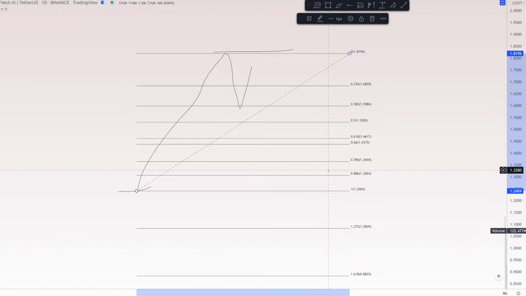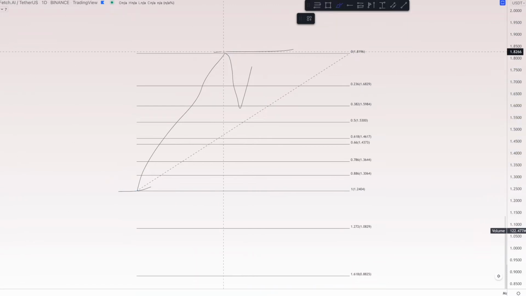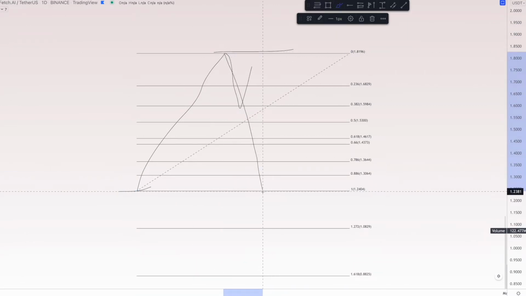So what is the retracement tool? Like I said, this is the impulse. Then this is the 100%. This is the 0%. What does that mean? If you go from the 0%, so from the end of the impulse, and it makes a retracement all the way to 1, so to this level, it just says that the whole move, 100% of the previous impulse, has been retraced.